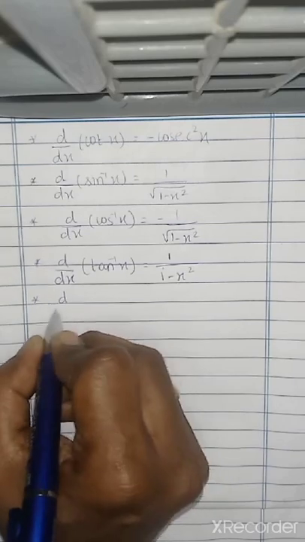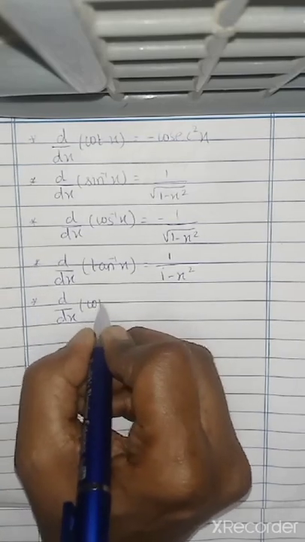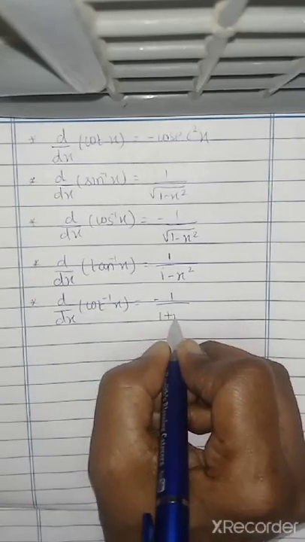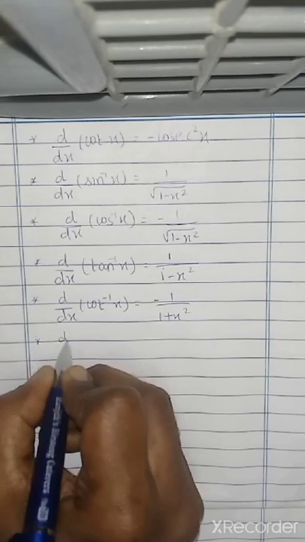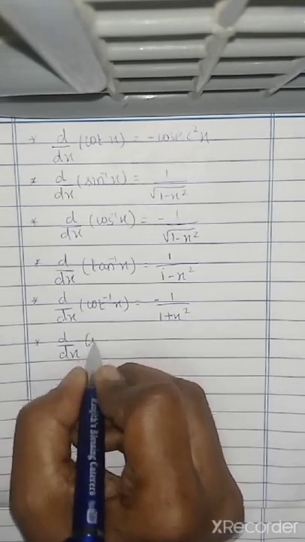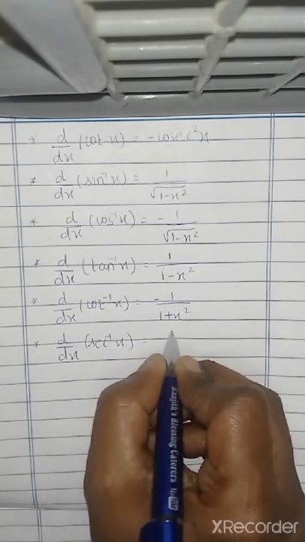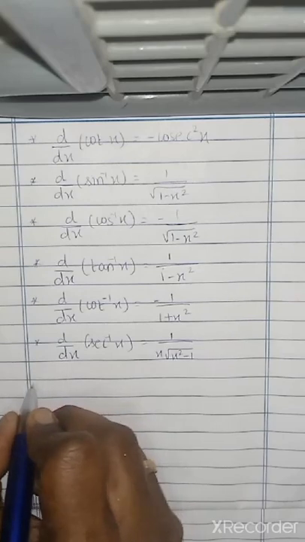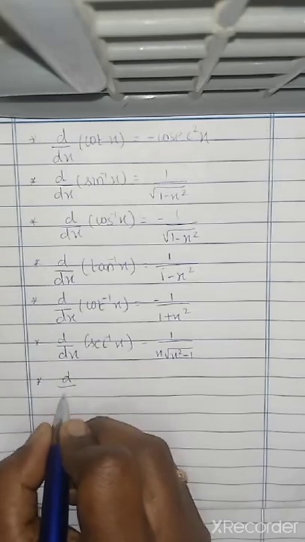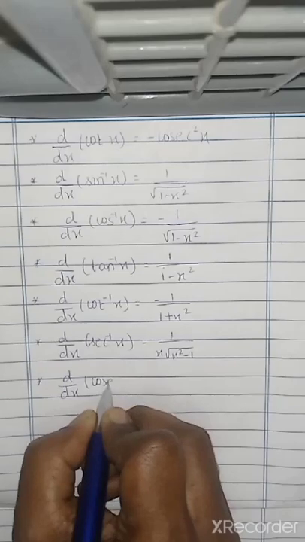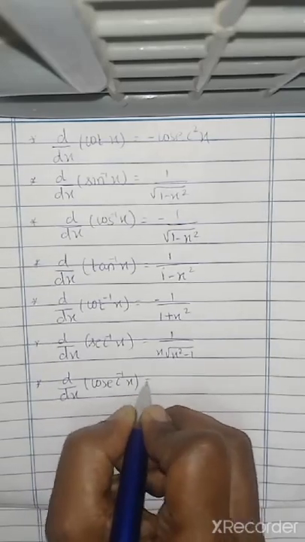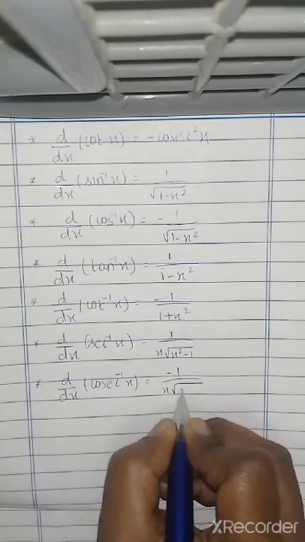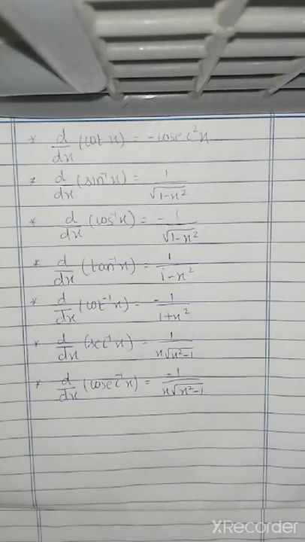Next, d by dx of cot inverse x is minus 1 by 1 plus x square. Next, d by dx of secant inverse x is 1 by x into root of x squared minus 1. And the last formula, d by dx of cosecant inverse x is minus 1 by x into square root of x squared minus 1.